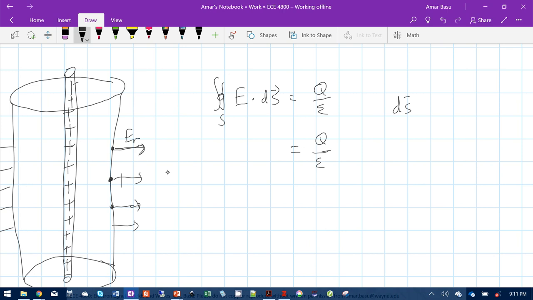What is dS equal to? It has a direction and magnitude. What's the direction? We're in cylindrical coordinates, so the direction is r hat. And what's the magnitude? The differential area looks something like this. It's a part of that cylinder. So the direction is r hat, and what's the area?